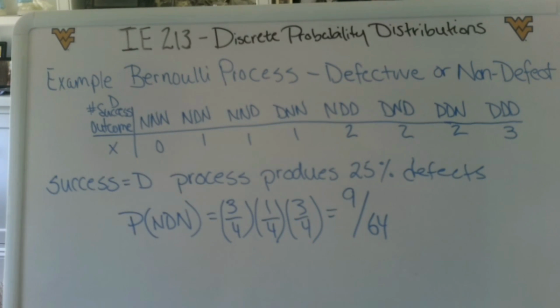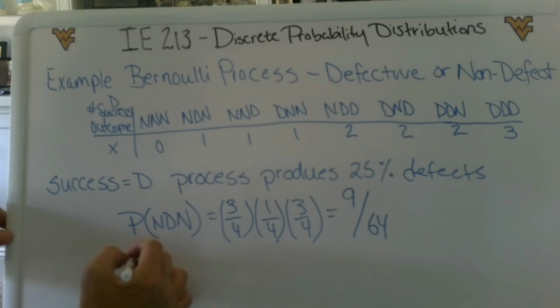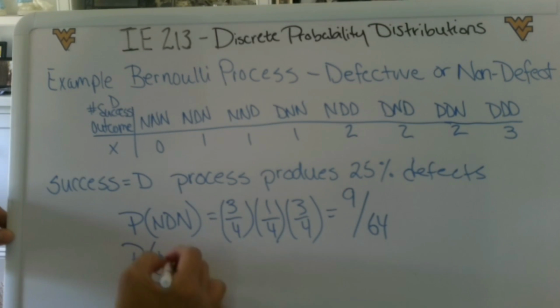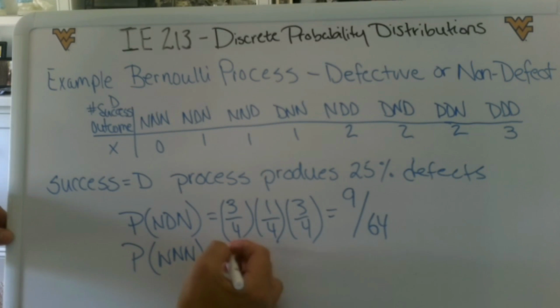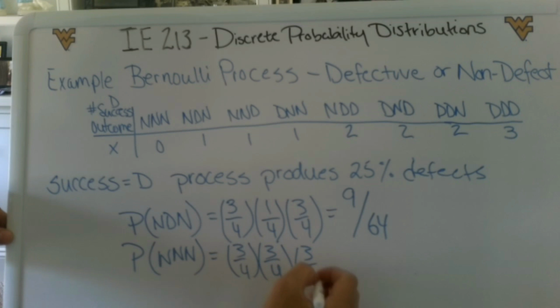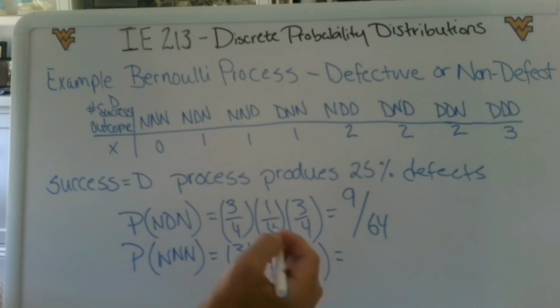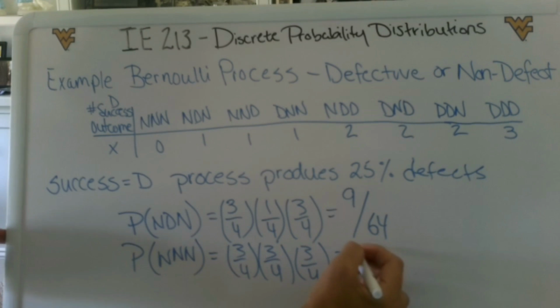If we take 0 defects, which would be the probability of N and N and N, so 3 nons would be 3/4 times 3/4 times 3/4. That would equal 27/64.